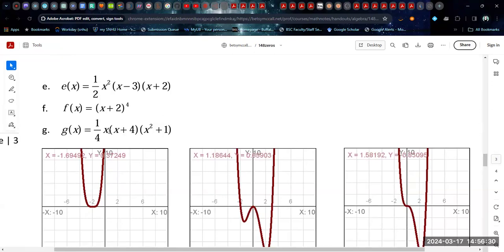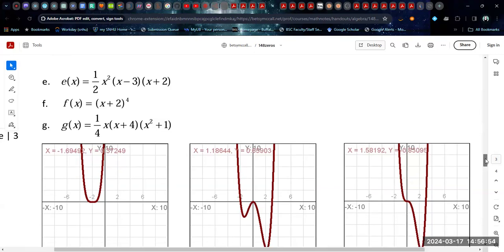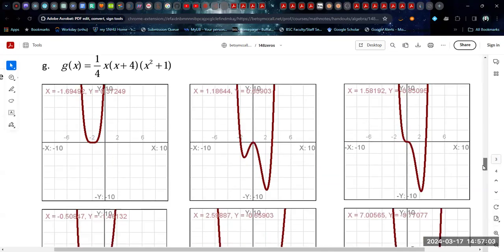So that would be this one. So we have a 0 at -4, we have a 0 at 0, and then that weird behavior, because this is a quartic function. It has degree 4, but it has this complex set of zeros that we can't see on the real graph. So they're not causing us to cross the x-axis, but they are sort of affecting the way that the graph behaves.